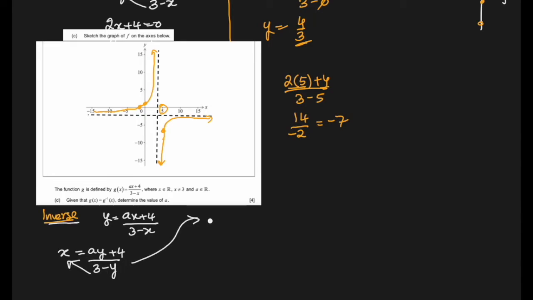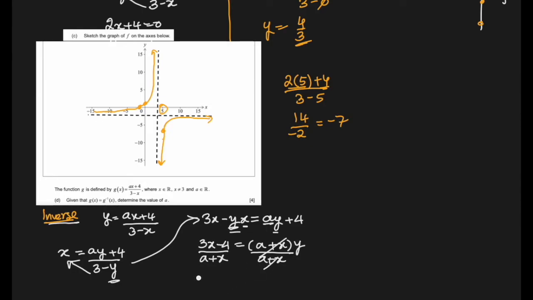So 3 times x will be 3x minus y times x, yx, equal to ay plus 4. I need to isolate y, so these must be together. So let me bring this y to the right side. So 3x minus 4 is equal to, it becomes positive, a plus x times y, both of them positive. Now divide both sides by a plus x so that we get rid of it from the right side.